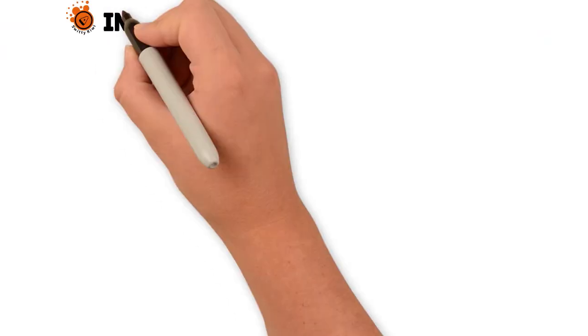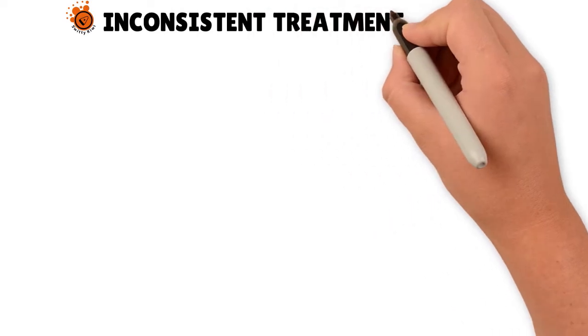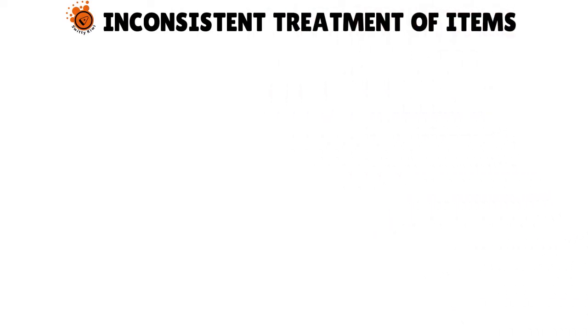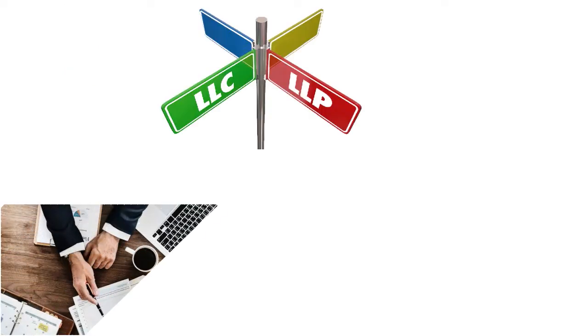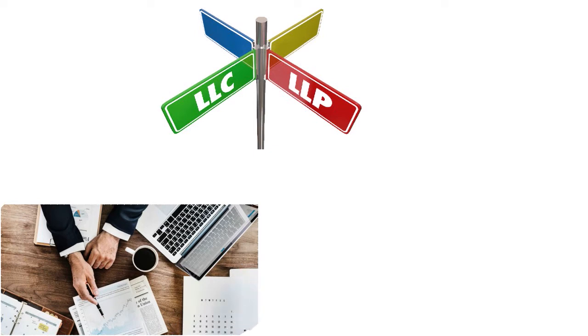For example, when you have inconsistent treatment of items, this could be a problem depending upon the entity that you're analyzing, whether it's an LLC, LP, or whatever it is. Errors, too.